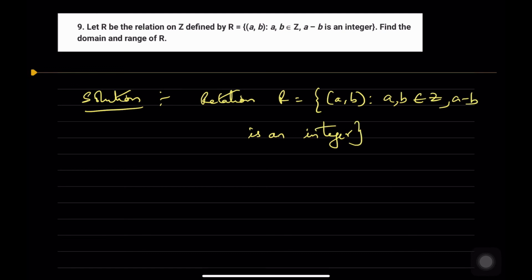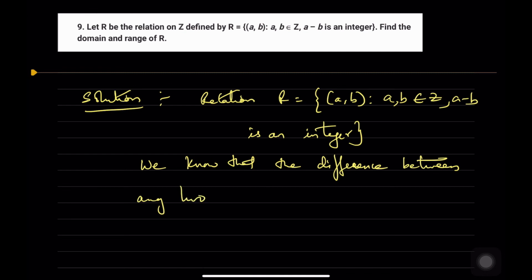So now we know that the difference between any two integers is always an integer.